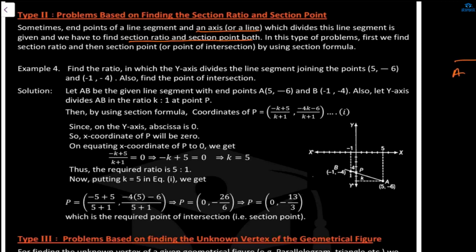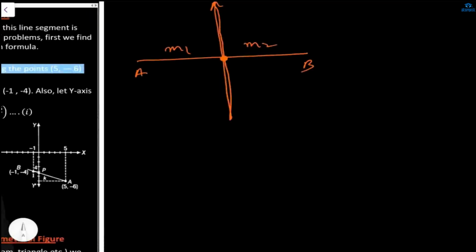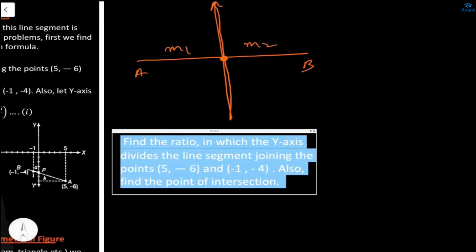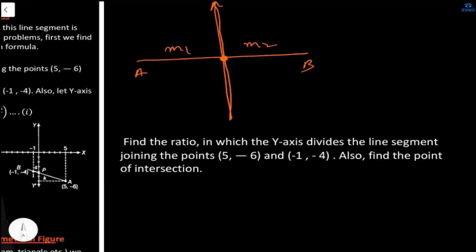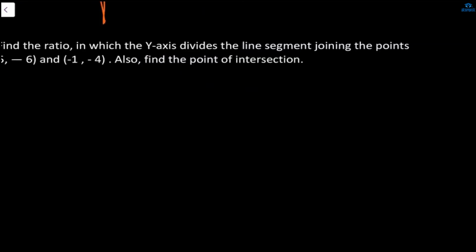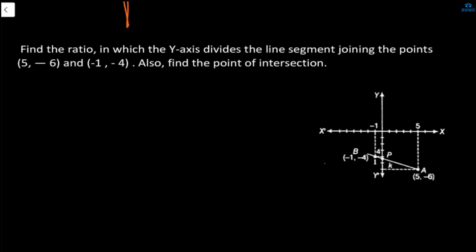Now see, find the ratio. I'll just copy the question. Now you see here, what is the question given here? Find the ratio in which the y-axis divides the line segment.